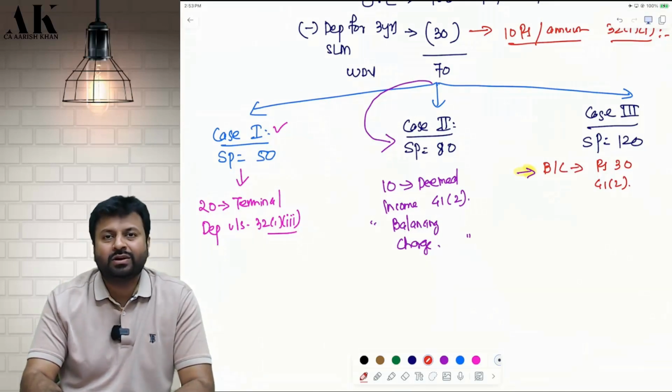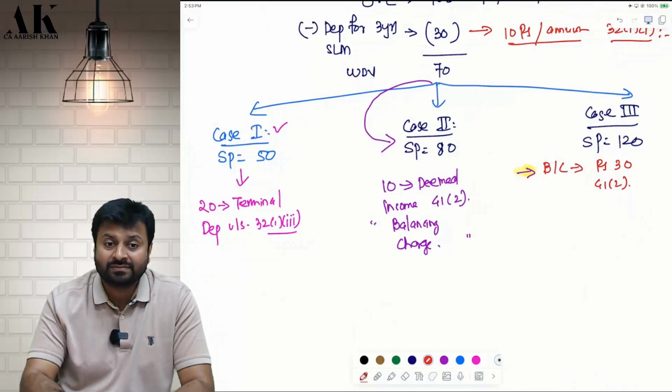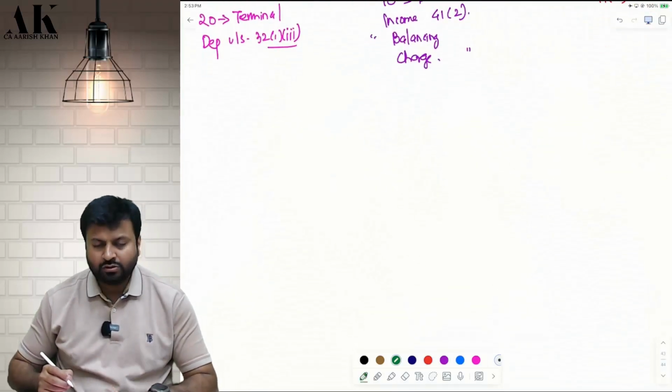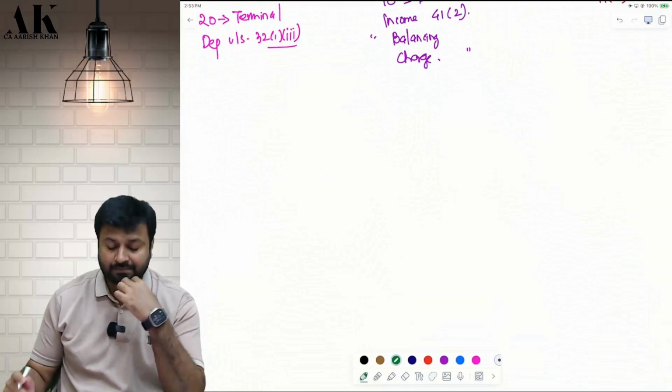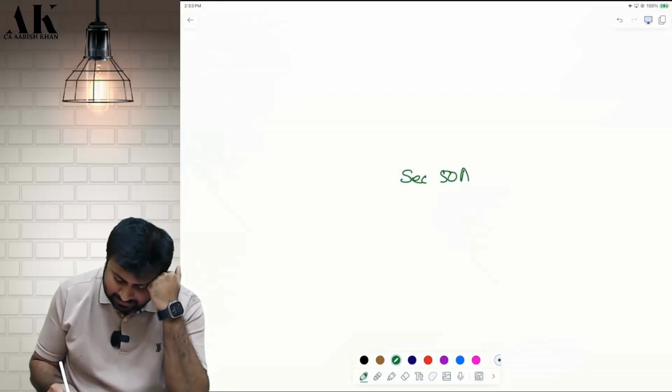One more thing we need to understand, the capital gain implication. Because you are selling an asset, you need to compute capital gains also. Yes or no? So, for capital gains, the government has given altogether a different mechanism. What is capital gains? The government has given separate section for computation of capital gains under section 50A.